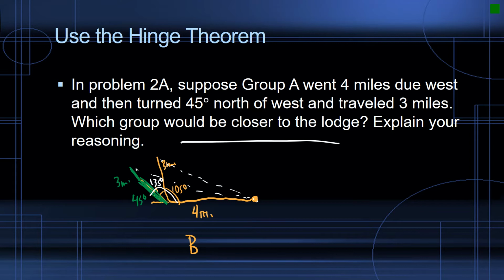Well, if group B's interior angle is 105 and group A's interior angle is 135, then the lesser angle is going to give us the shortest distance. In other words, the side opposite that smaller angle is going to be less than the side opposite the greater angle. And so that would mean that group B is closer to the lodge.